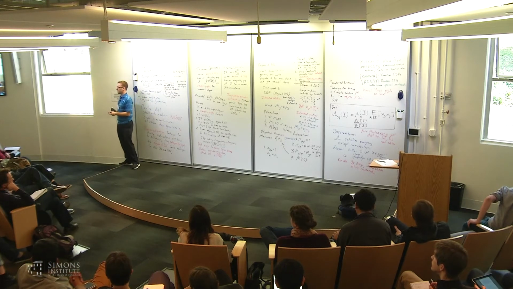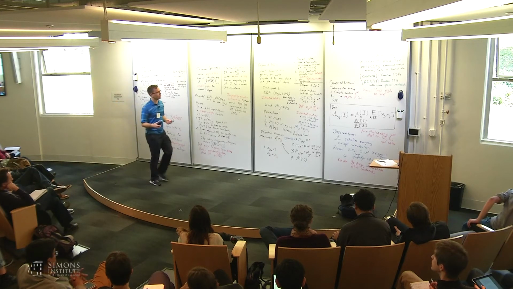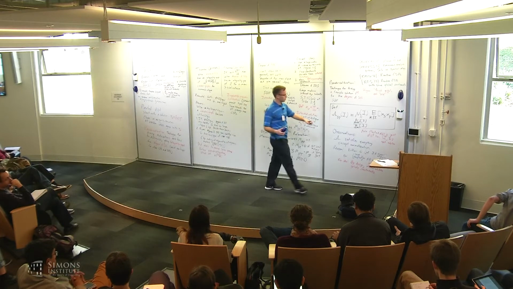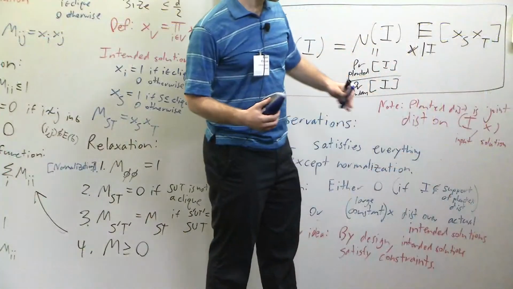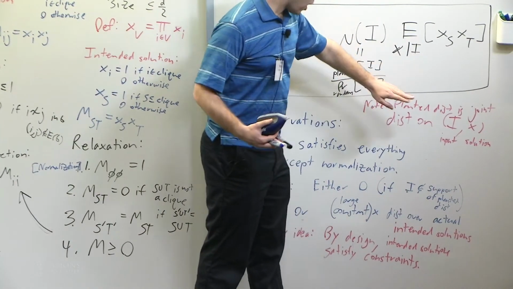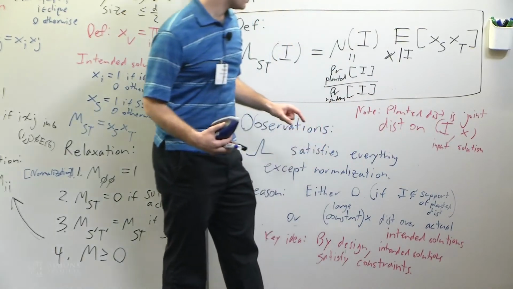And then the x conditioned on I is, so assuming that you are planted, then x is the key? Actually, the planted distribution is a joint distribution on inputs and solutions.